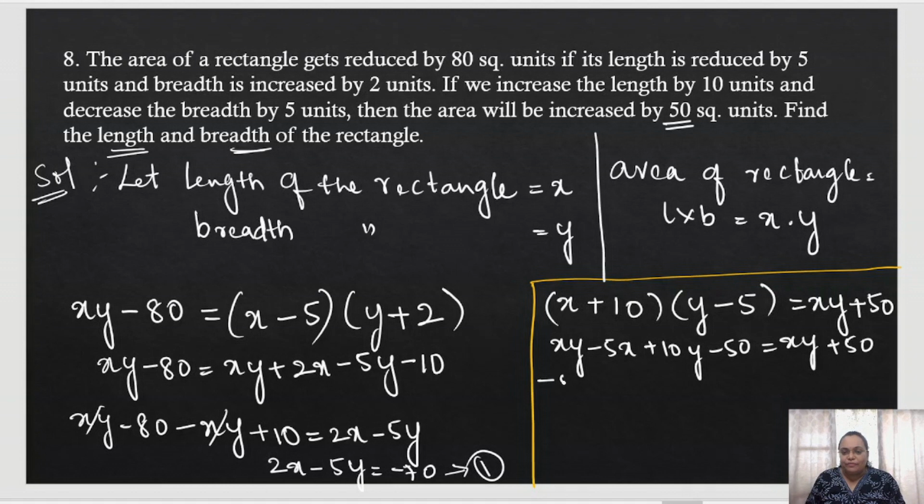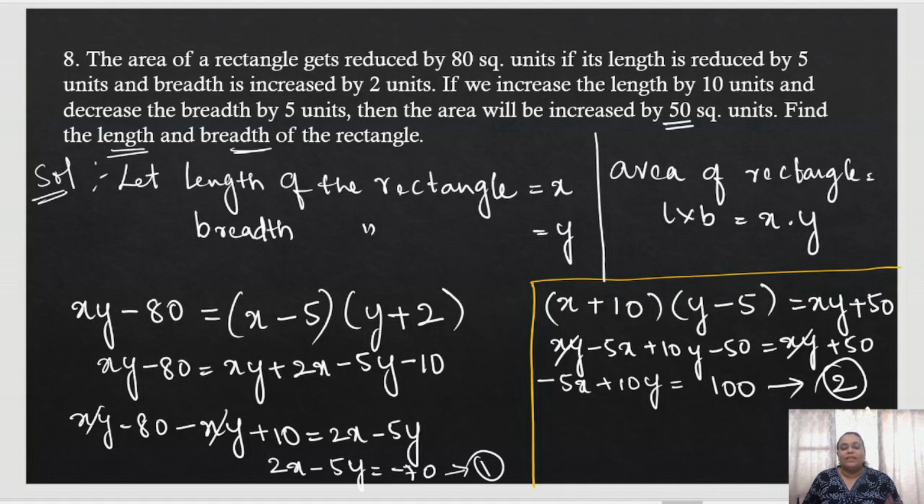So you will have minus 5x plus 10y is equal to, xy and xy will get cancelled, and minus 50 sent to the other side becomes plus 50, so you get 100. This is our equation number 2.